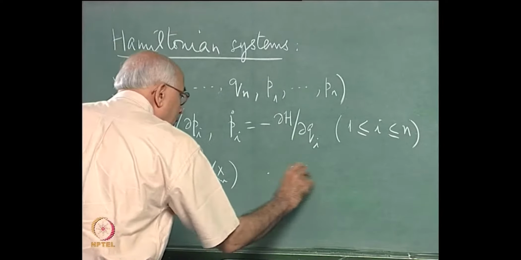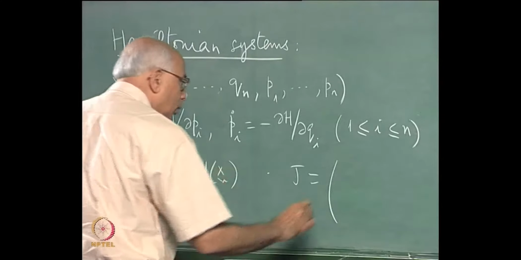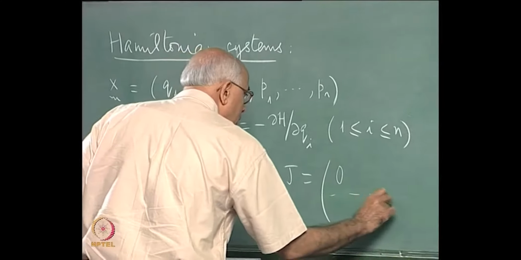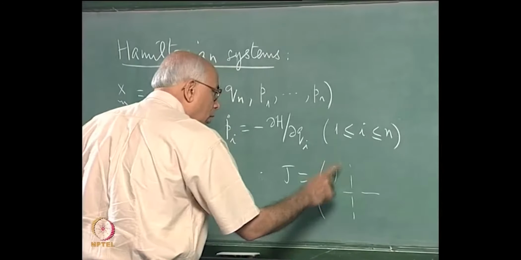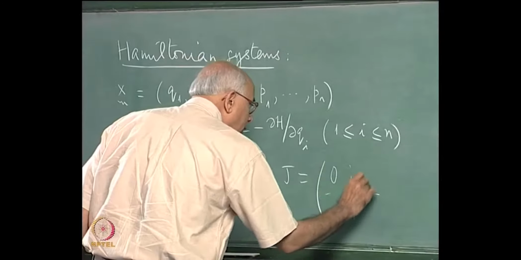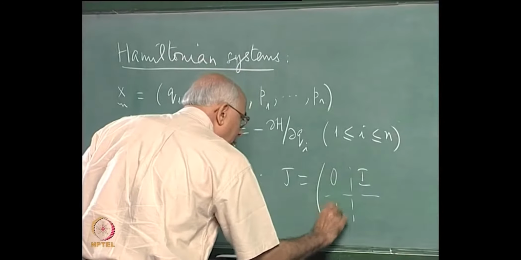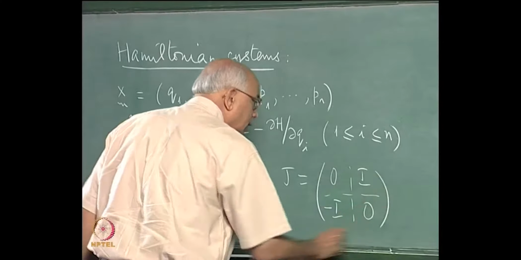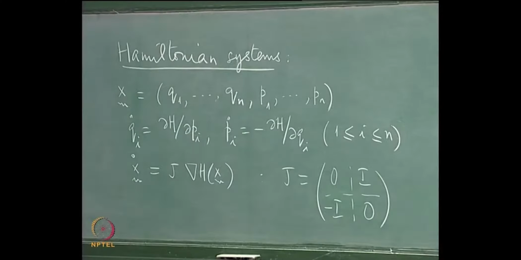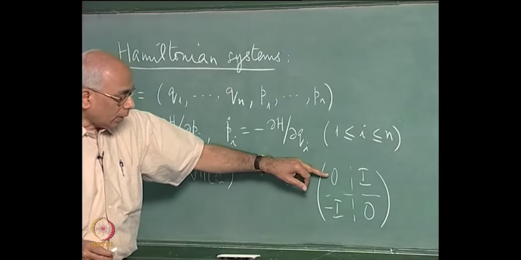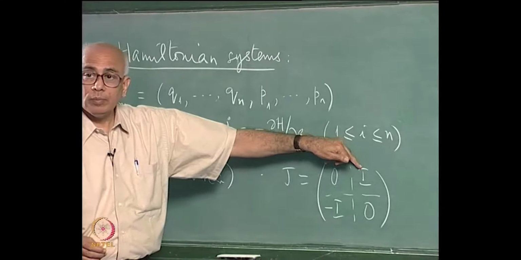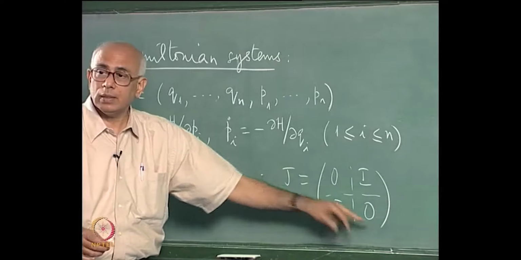J was a 2n by 2n matrix with zeros in the first n by n block, the unit matrix here, minus the unit matrix here and 0 here once again. This is the n by n null matrix, the n by n unit matrix, minus that matrix and again the null matrix.